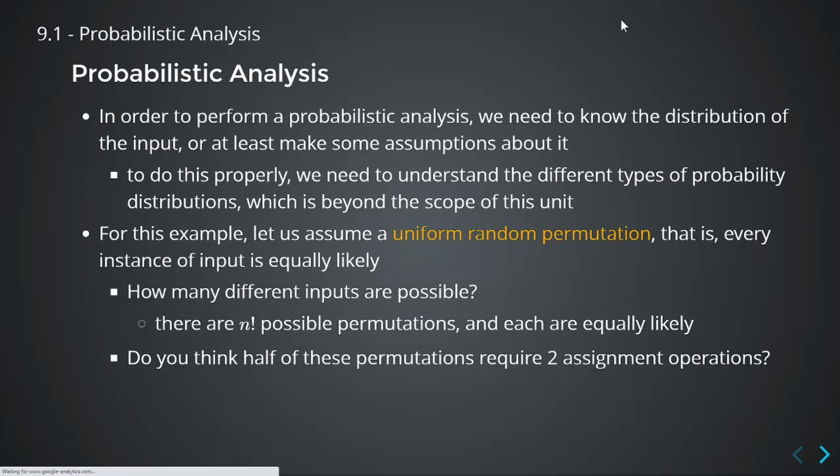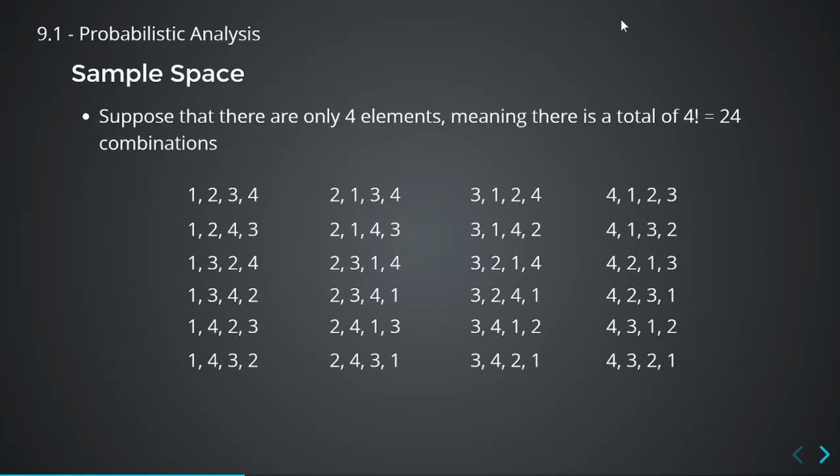So here is all the combinations, or all the permutations, I should say, of an array of size 4. And we're going to assume that all the elements are distinct, just to make it easy. All right? So there are 4 factorial, 24 combinations, all listed there. And my question to you is, how many of them require 4 assignments?